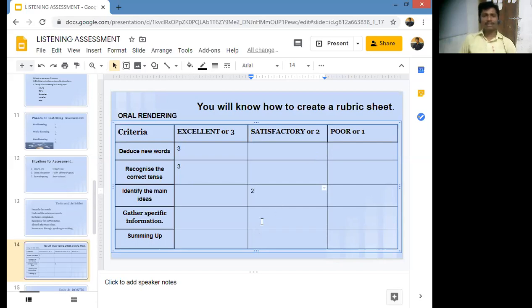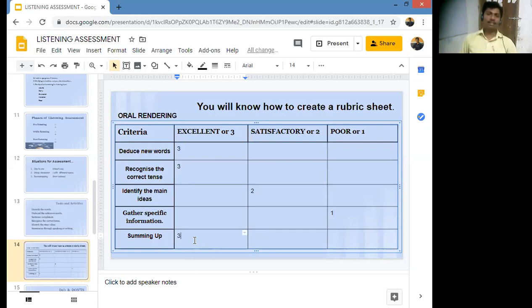Some of the learners can gather more information from their listening, but some cannot. If my learners are unable to gather any information, try to put them with 1. Now if some of our learners can sum up the whole paragraph with their findings and in their own language, we can put them with 3.